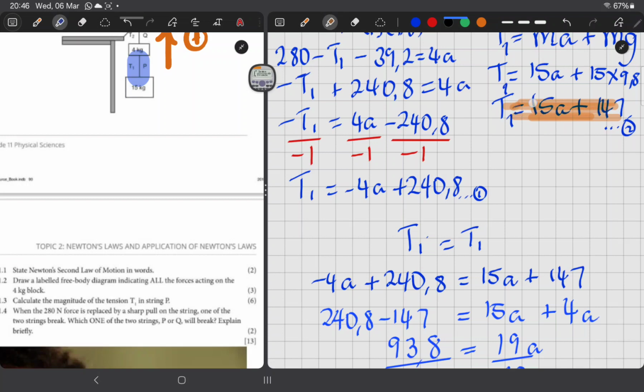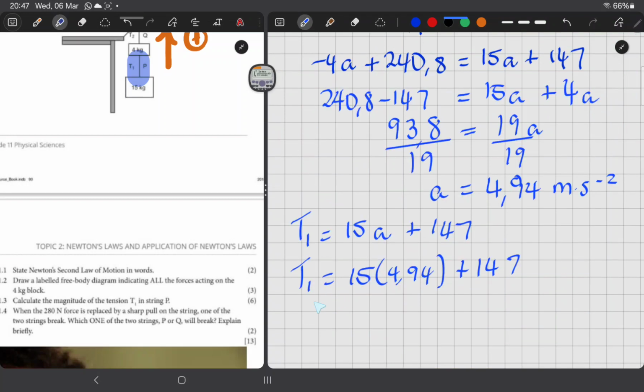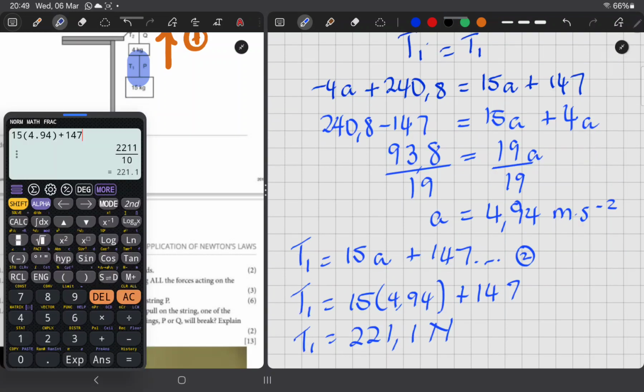In equation number 2, I therefore substitute the acceleration, and I'll put that in the calculator. So now if I put this in the calculator to solve for tension 1, that will be 221,1 newtons.